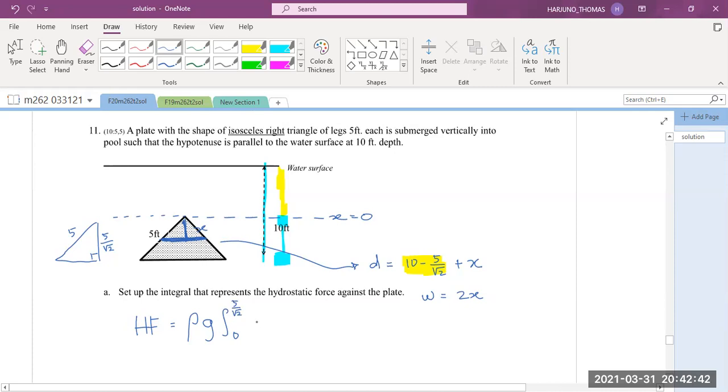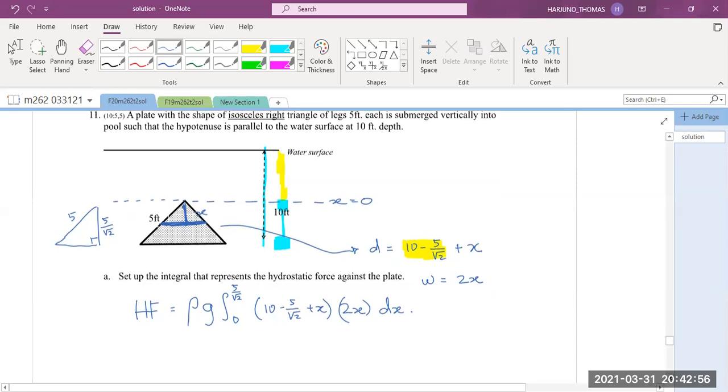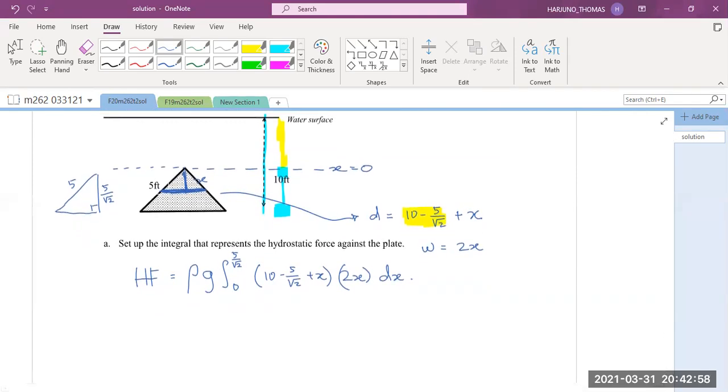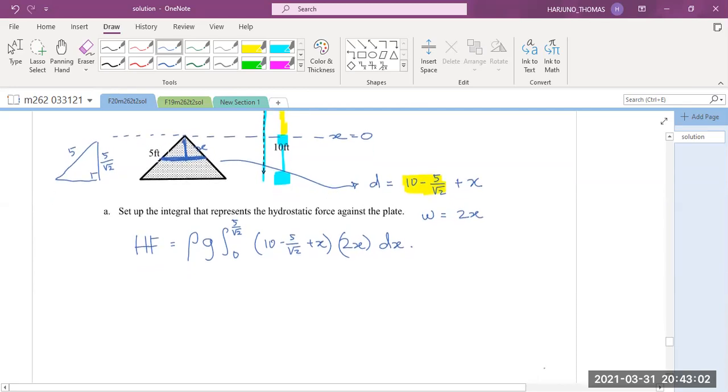The depth is 10 minus 5 over radical 2 plus x. The width is 2x. That's dx. And that's the setup.